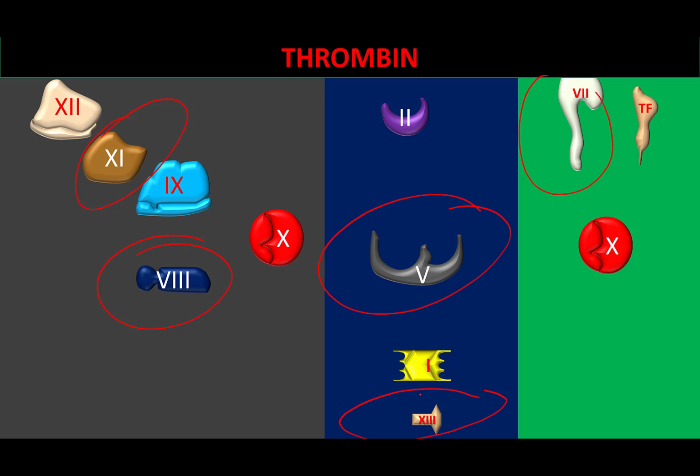Very important, you see this thrombin has activated factor 9, which can activate factor 11, which can activate factor 9, which can activate factor 8, and the intrinsic pathway can start by itself. It doesn't need factor 12 to start this process. So that is very important to understand.